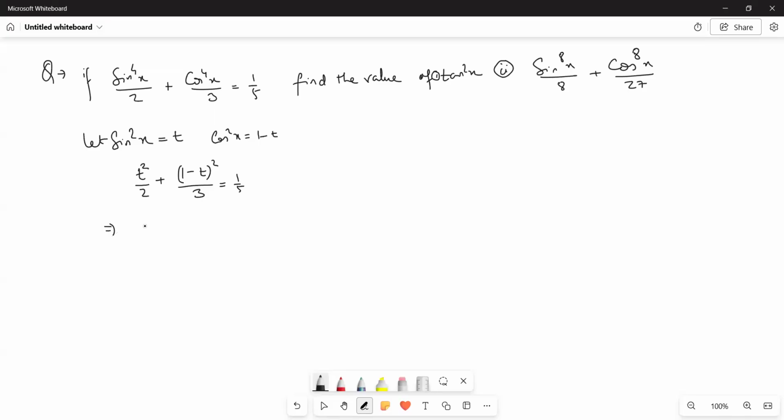So this would be t square by 2 plus 1 minus 2t by 3 is equal to 1 by 5. Take the LCM. So 3t square plus 2t square plus 2 minus 4t whole into 5 is equal to 6.